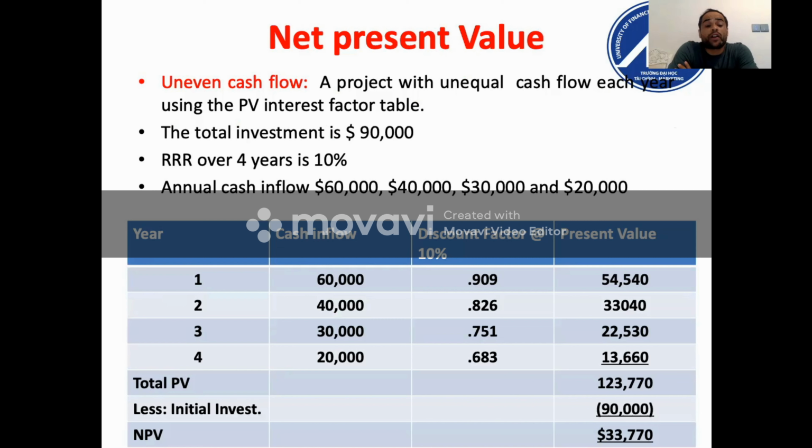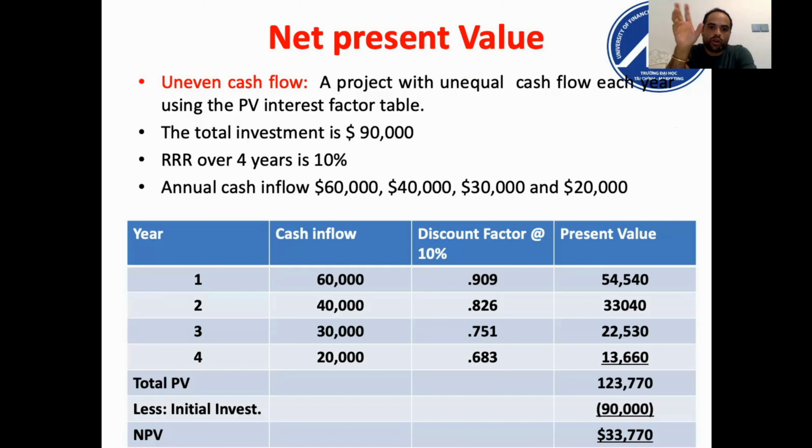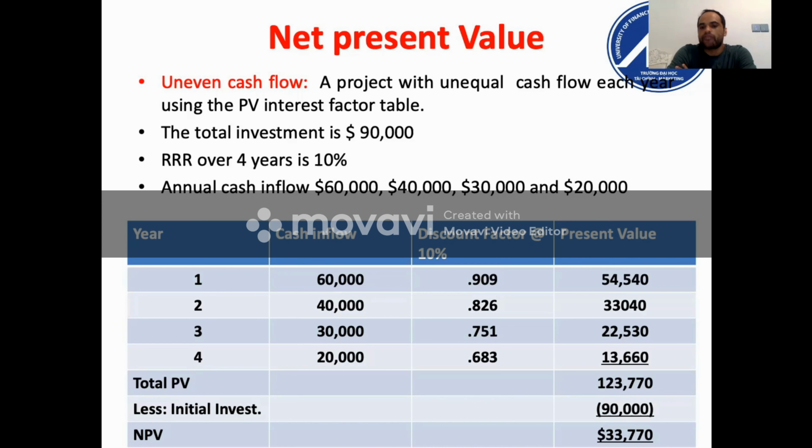Now, required rate of return, RRR, over 4 years is 10%. So when we go to the table, we only focus on 10%. Now, annual cash flow, 60. So obviously first year 60, second year 40, third year 30, and fourth year 20.